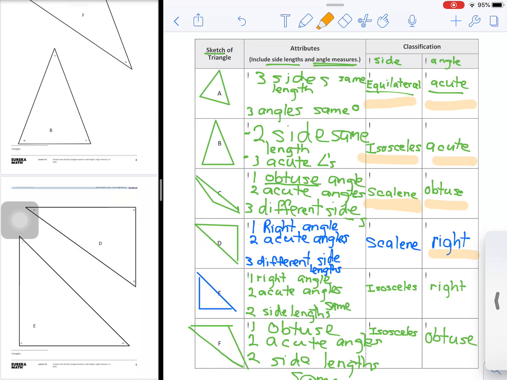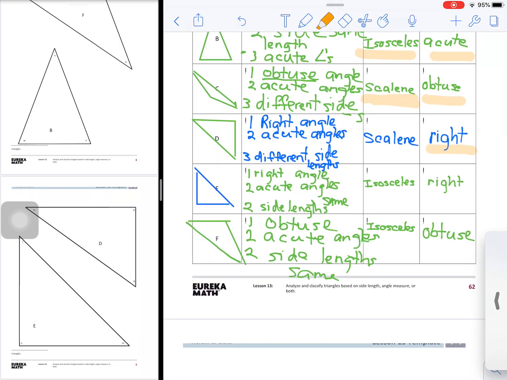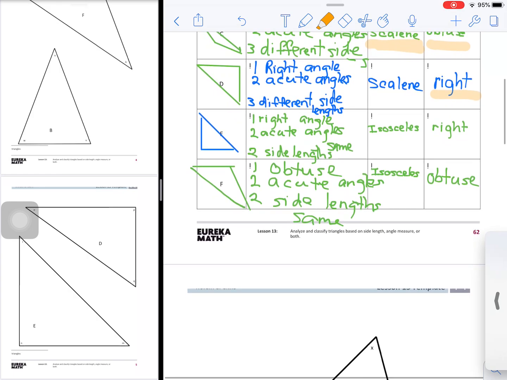And on one part of your problem set, it's asking you to name the triangle after you draw it. So you're going to need to use the symbol for a triangle and the letters of the vertices.